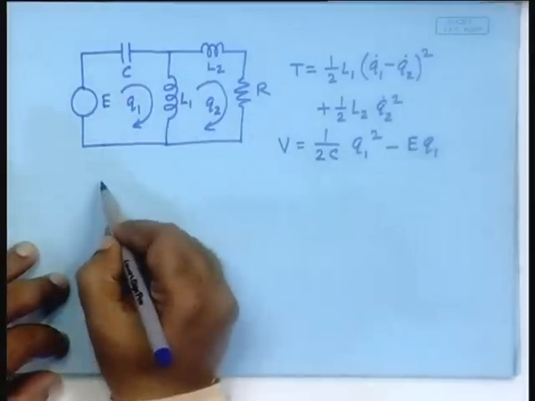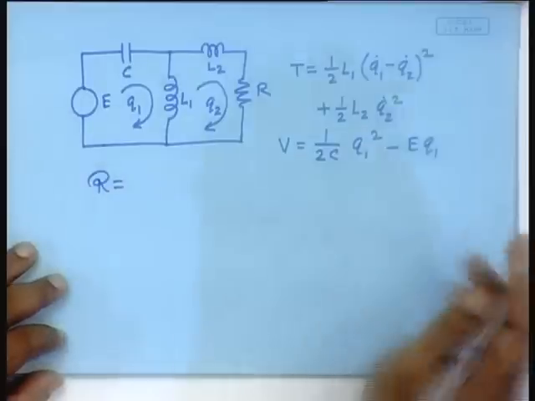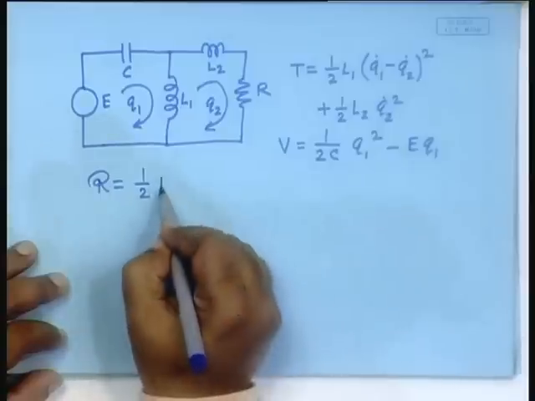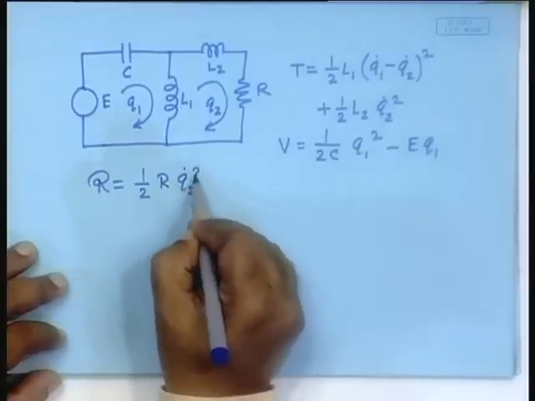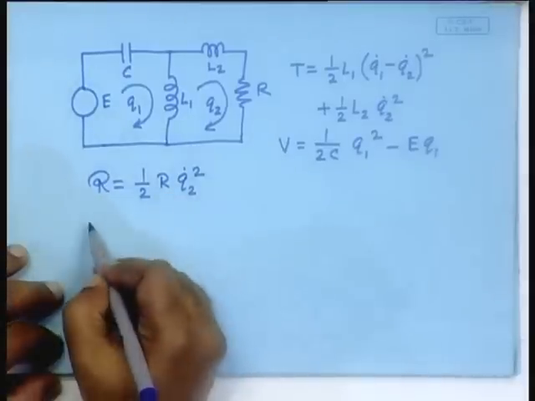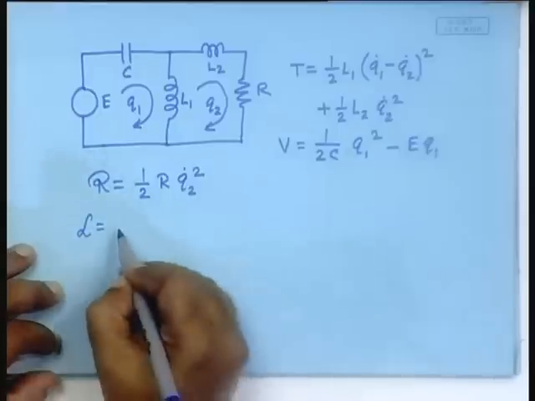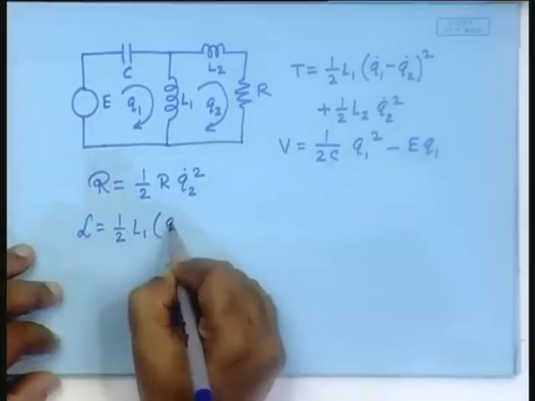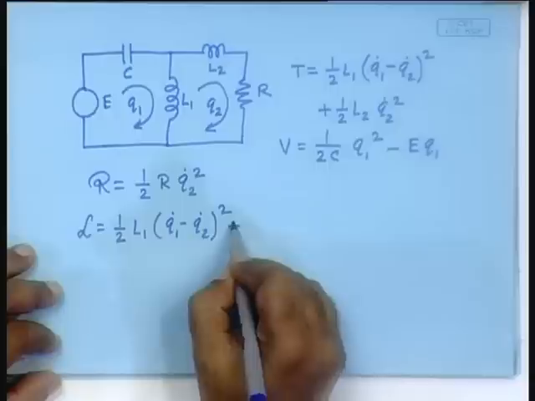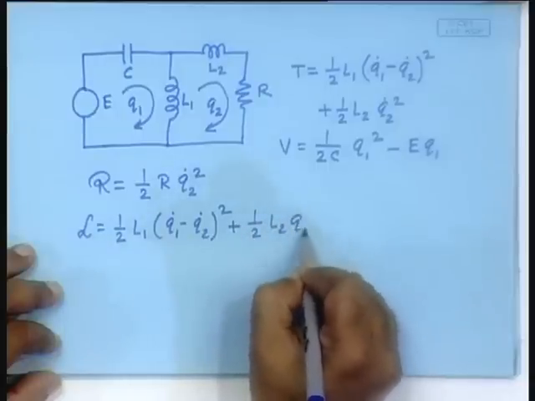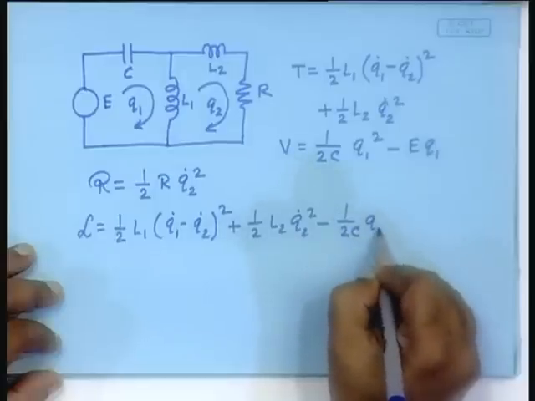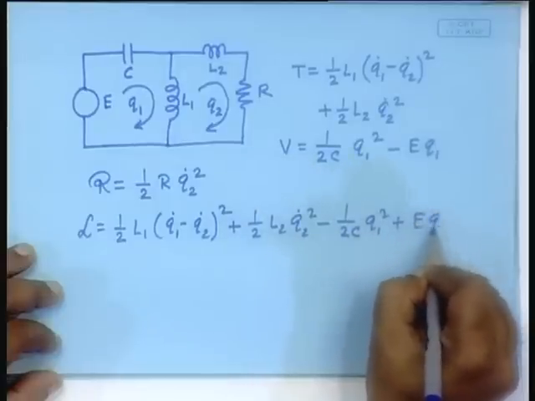This time there is a Rayleigh term. In the last problem it was not there. It is only in the q2 direction, so it is half R q2 dot square. So, from here your Lagrangian is half L1 (q1 dot minus q2 dot) square plus half L2 q2 dot square minus 1 by twice C q1 square plus E q1.